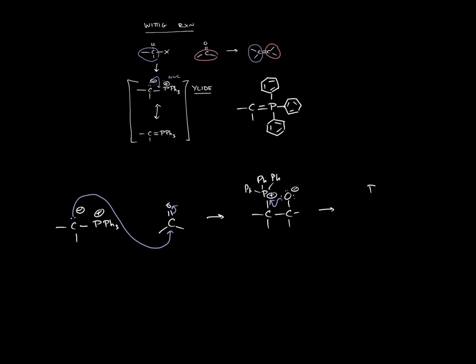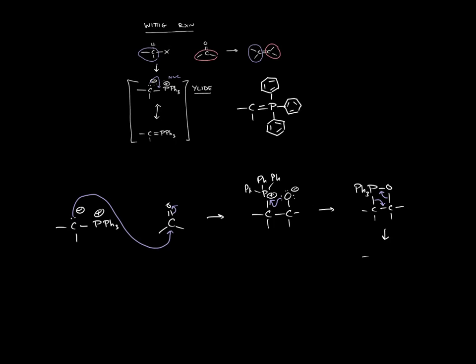So that would give us a square, which is very unstable, or a 4-membered ring, I suppose I should say. And therefore, what this guy is going to do is it's going to break. And how that happens is that we effectively make a P double bond O. These electrons become a C double bond C.